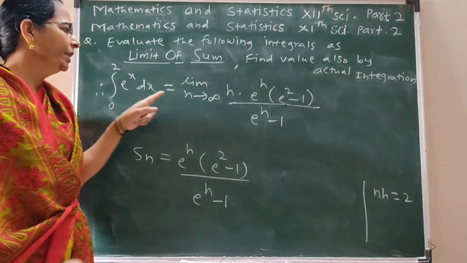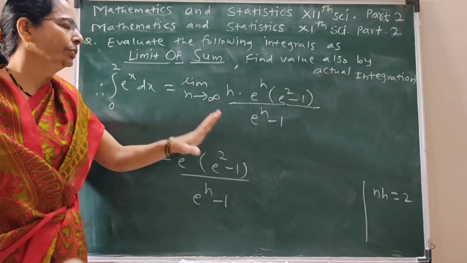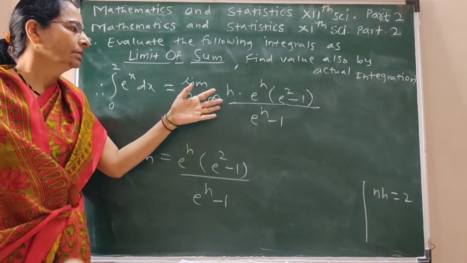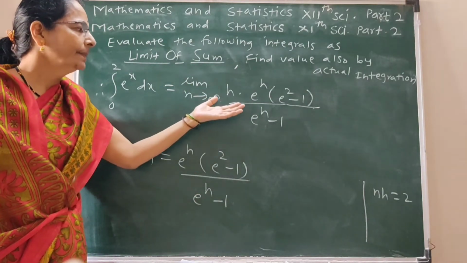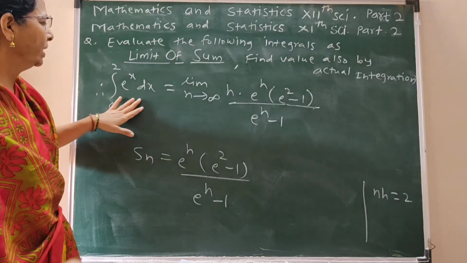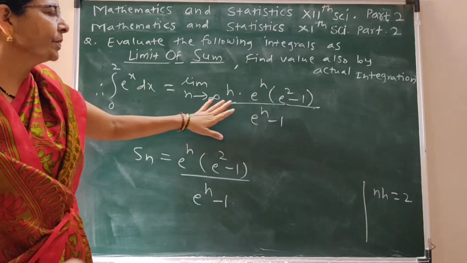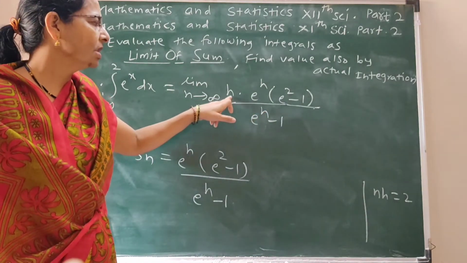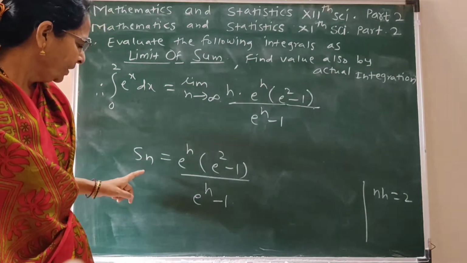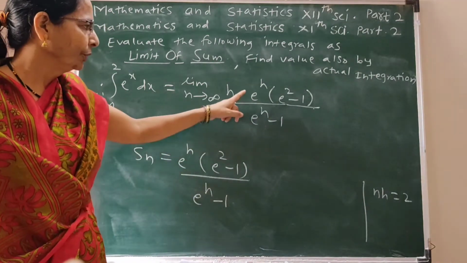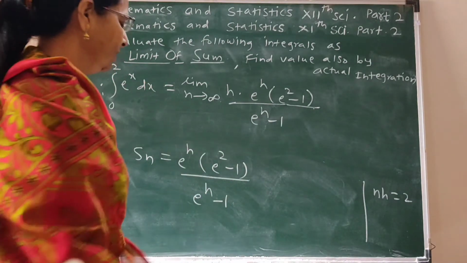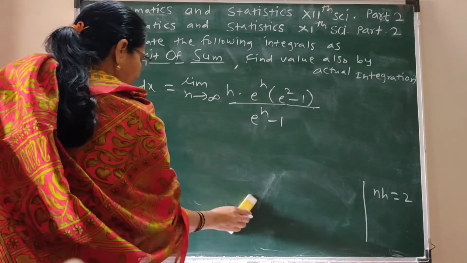Write the first statement of this limit in your notebook and put in the values. So this side is the integral from 0 to 2 of e^x dx, the limit of the sum. Here h is common, and that sum we take. Put e^h, e^2 minus 1, over e^h minus 1.